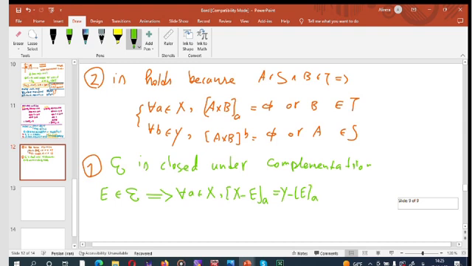But E is an element of E, so this section must belong to tau, so this complement must belong to tau. Tau is a sigma algebra, and sigma algebras are closed under complementation, okay?